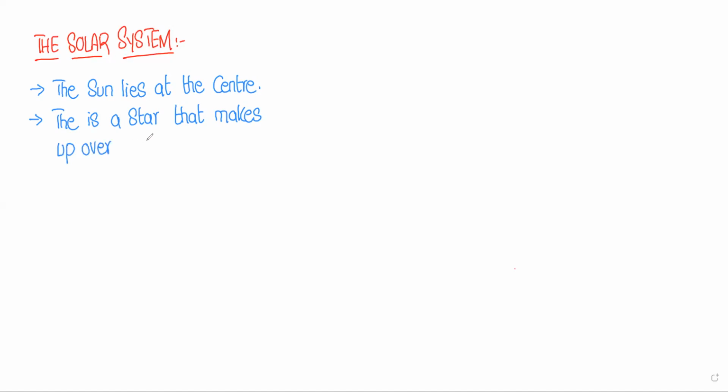So almost the sun makes over 99% of the mass of the solar system, and in total we have 8 planets in our solar system.